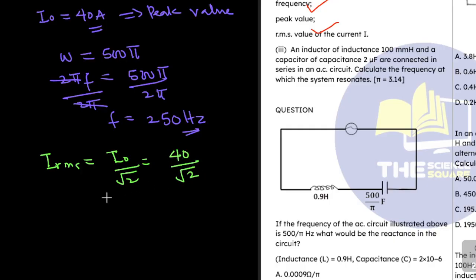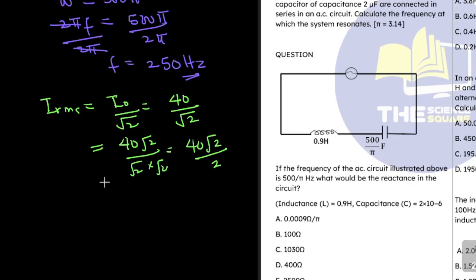Or you could rationalize if you want to leave your answer in short form: that is 40 multiplied by root 2 over root 2 multiplied by root 2. So you get 40 root 2 divided by 2, which gives us 20 root 2 amperes as our I RMS value.